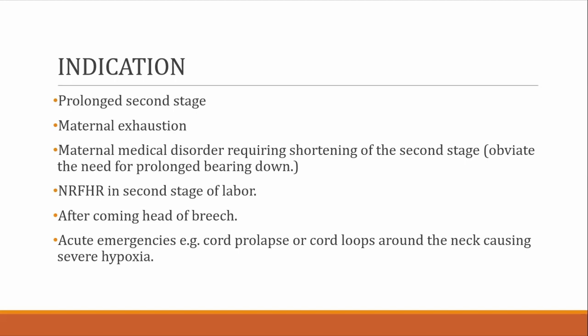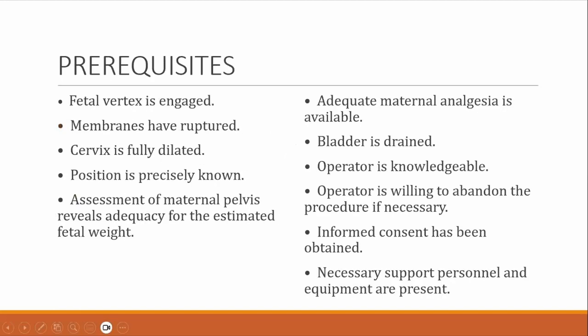We can use operative delivery in these cases. So what are the prerequisites in using instruments like vacuum or forceps? Some prerequisites may differ between the usage of vacuum and forceps, but generally for instrumental delivery, the presentation should usually be vertex.